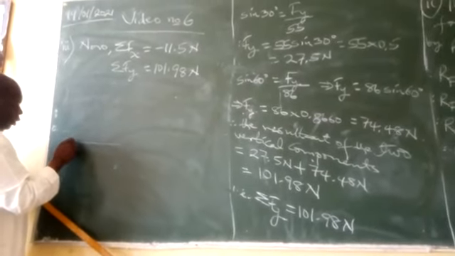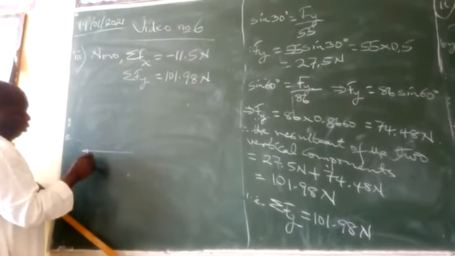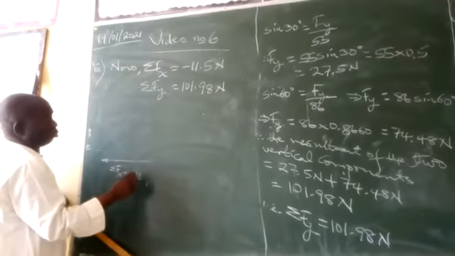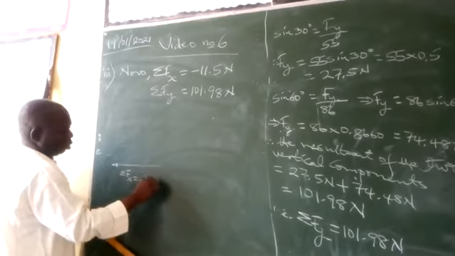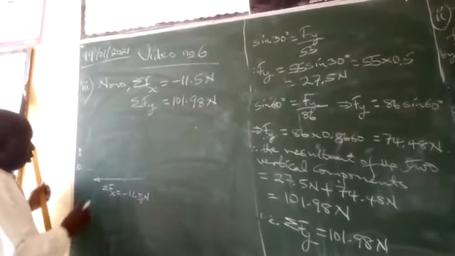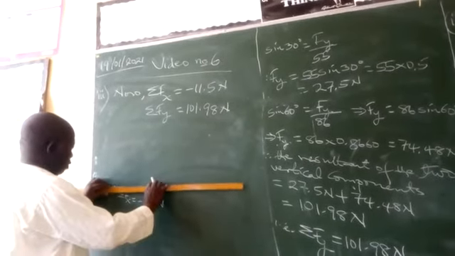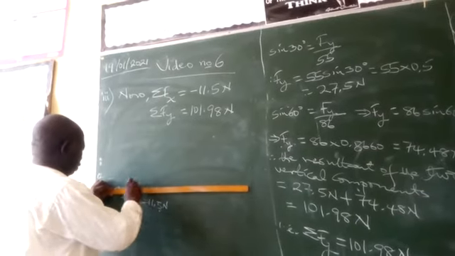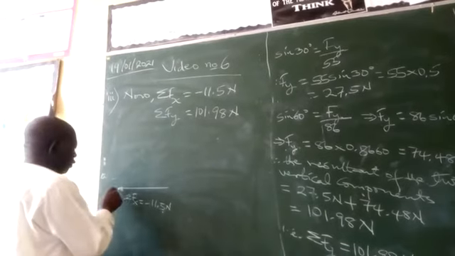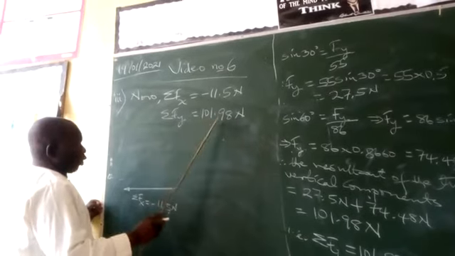So this is summation f sub x, which is minus 11.5 newtons. Then from the head of this first force we draw the second force, which is 101.98.